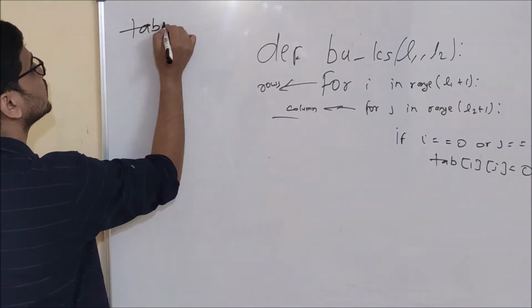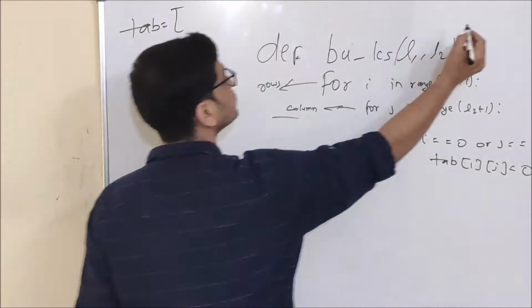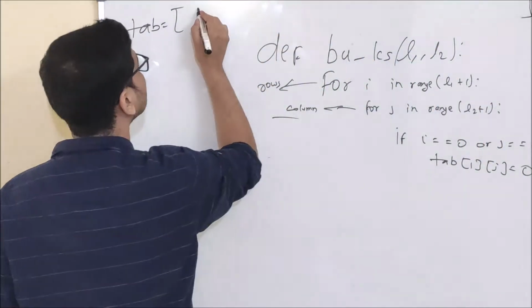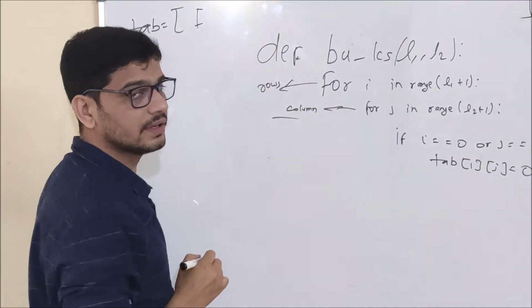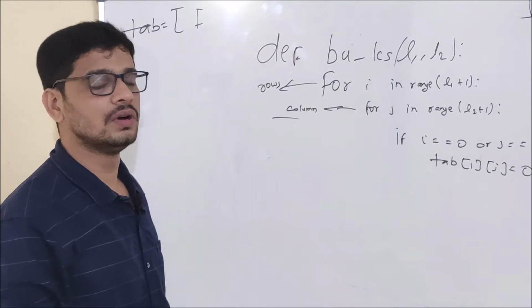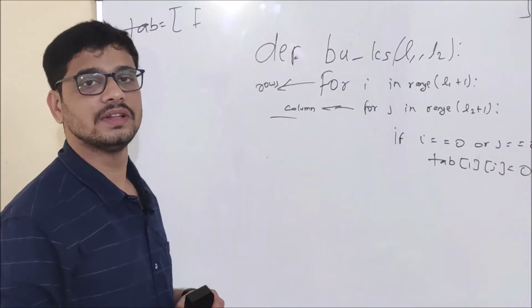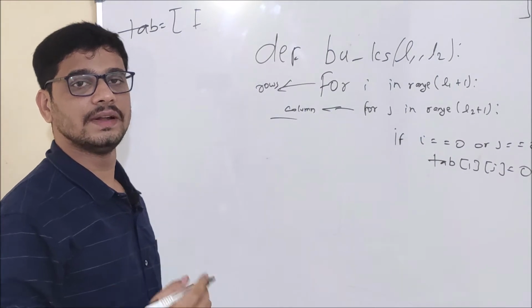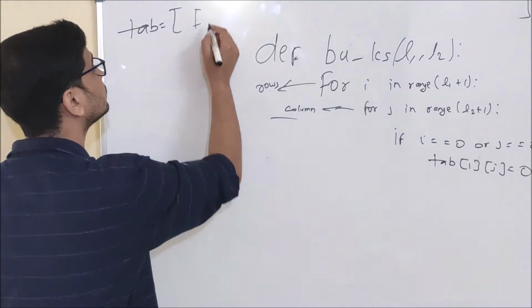So you may be thinking how to create this table. I have already explained it in detail in my previous video, the top down video, and I recommend you watch my videos in sequence. That is, first watch the recursive one, then top down, and then bottom up.